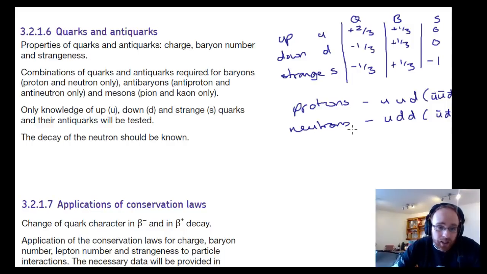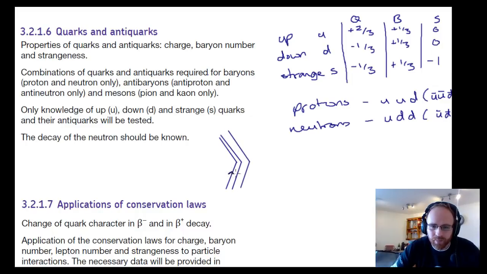Anyway, the decay of the neutron should be known. The decay of the neutron is fabby. So we can talk about the decay of the neutron in a slightly different way. We can do our Feynman diagrams, our interaction diagrams, like this, breaking these down into quarks.